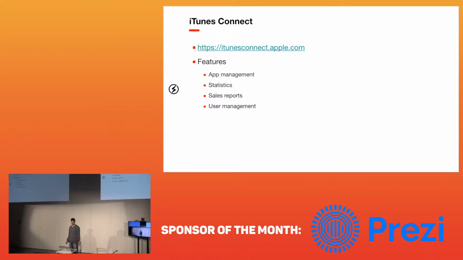So what features does the iTunes Connect website have? The main part, the biggest part is the app management. This is the part where you work the most. Also, it has statistics information where you can see, for example, how many downloads your application has, where these users are coming from, who are watching the page of your application in the App Store.